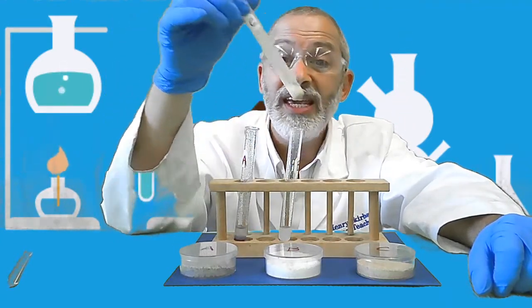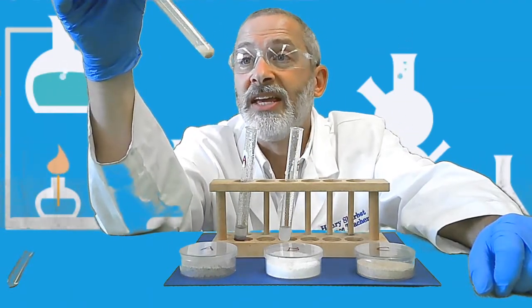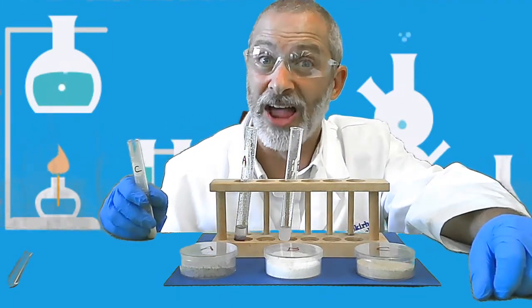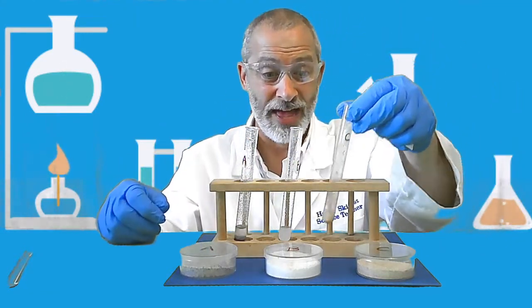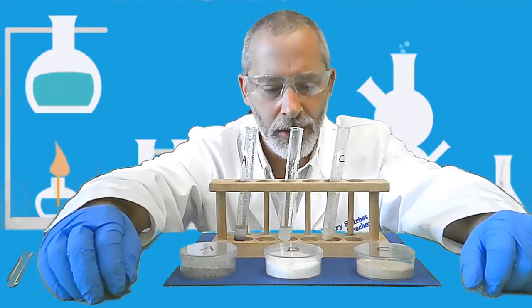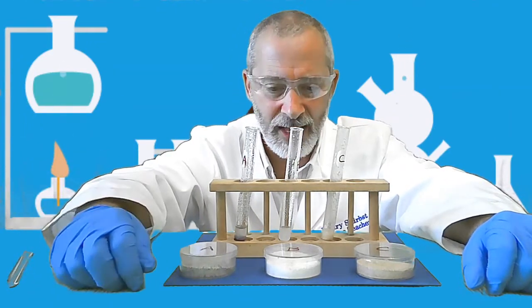Test tube C: it's still making bubbles, and it stinks. Oh, I wish you could smell it yourself. I really do. Yes, I do wish you could smell that. But it does have a very pungent, distinct odor that I think I have smelled before, or at least something like it.